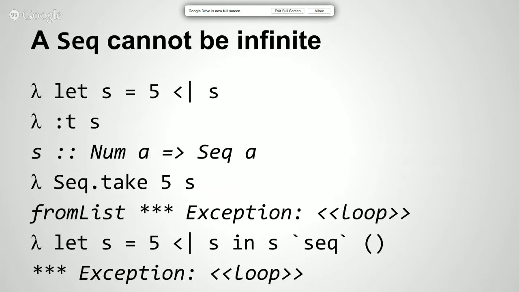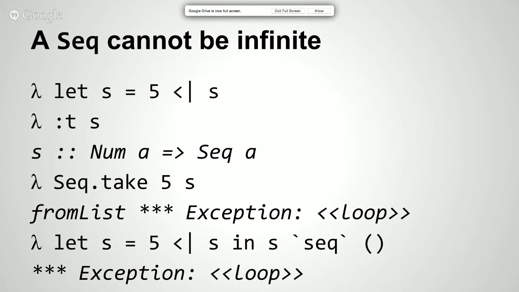So for example, we let s equal 5 Seq.cons itself, and just looking at the type, it looks like that's okay, but as soon as we try to take 5 from it, we don't get 5 elements, we get the world blown up. That's the third line where we're doing Seq.take 5 s.